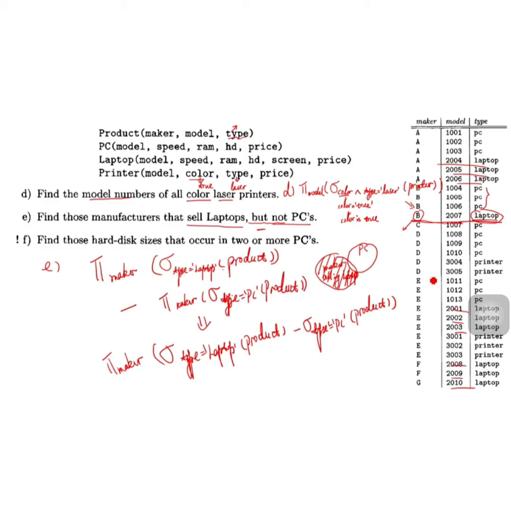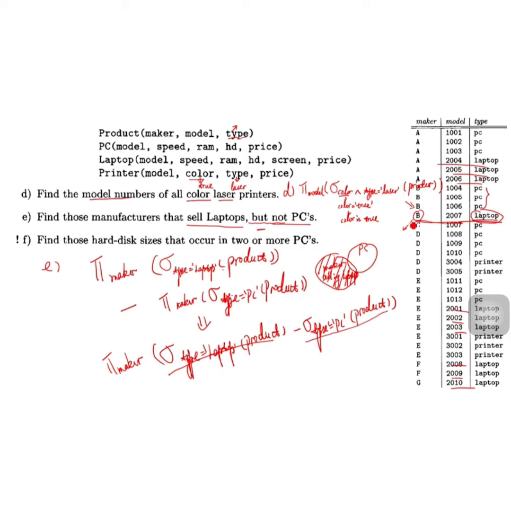Is it correct? No. Is it valid? Yes. This is a valid expression because the schema of this expression is the same as the schema of this result. But the answer is not correct.